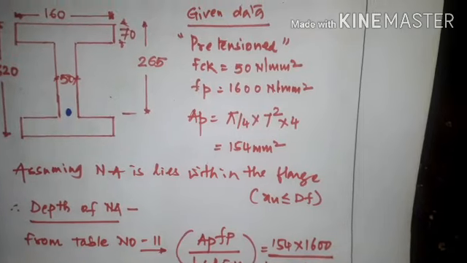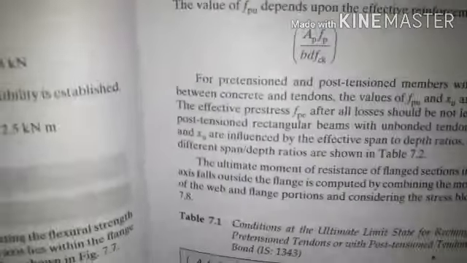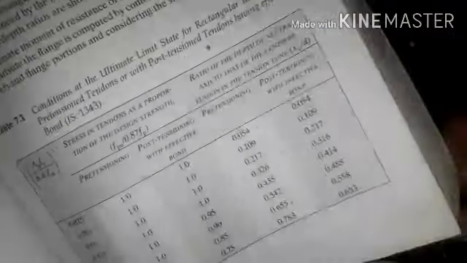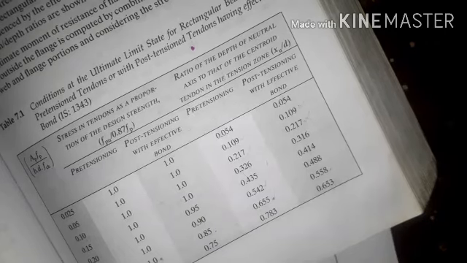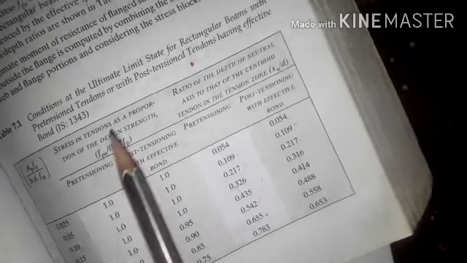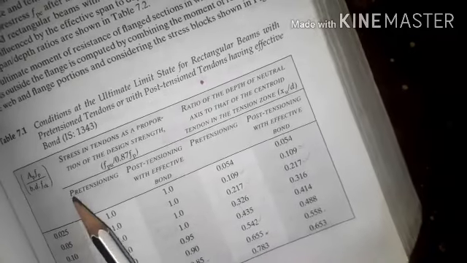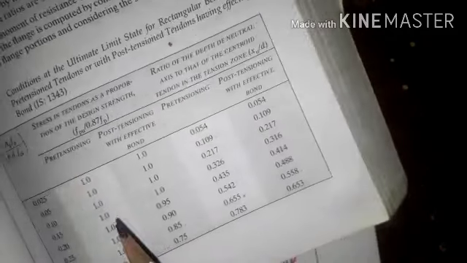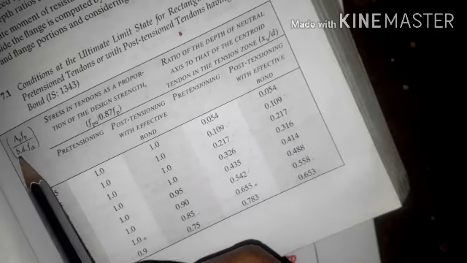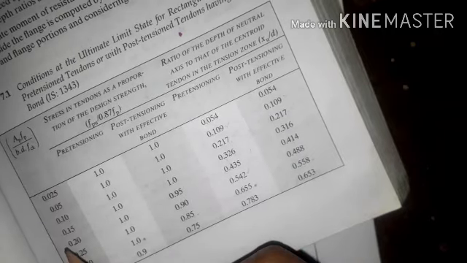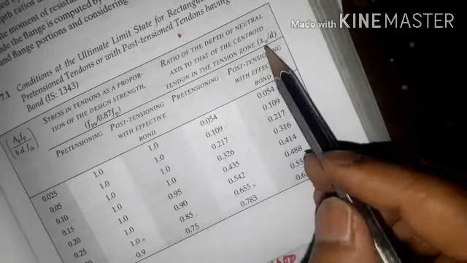Now you have to go back to the table. Here, for tendons, this ratio we have calculated, AP into FP upon BF into D into FCK, and we have to check for the XU by D value.